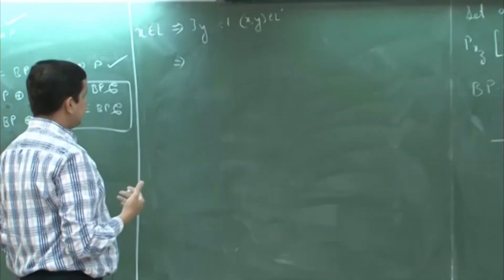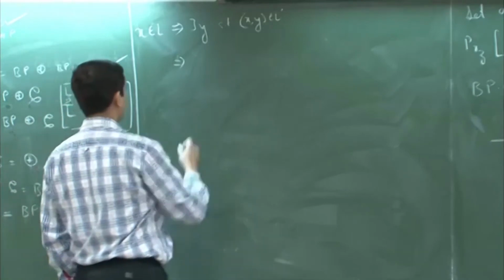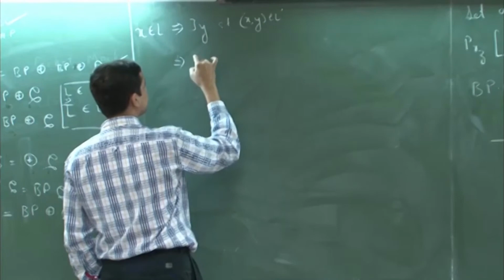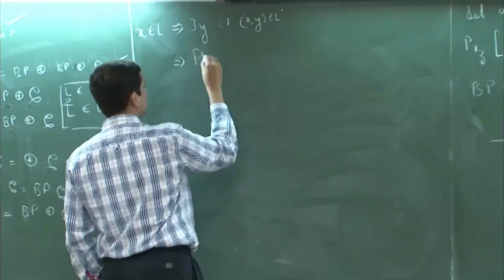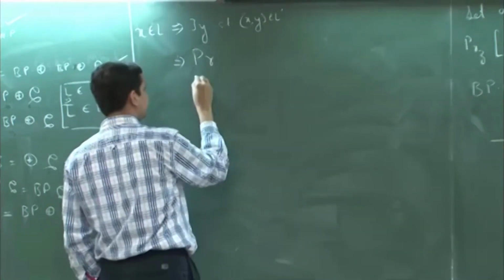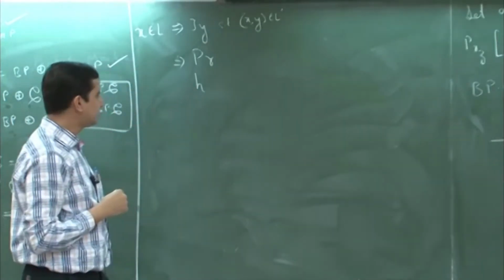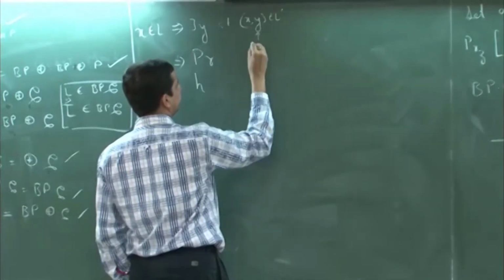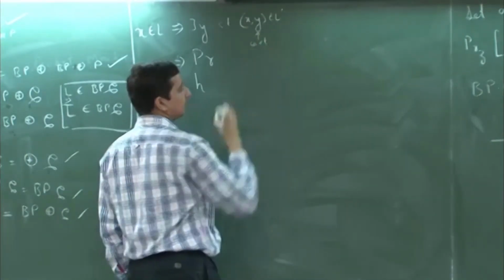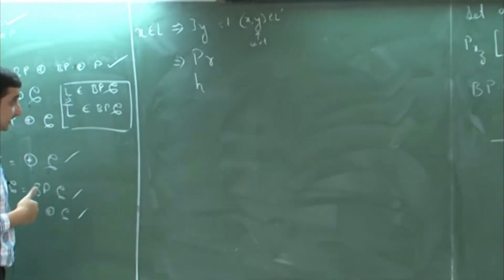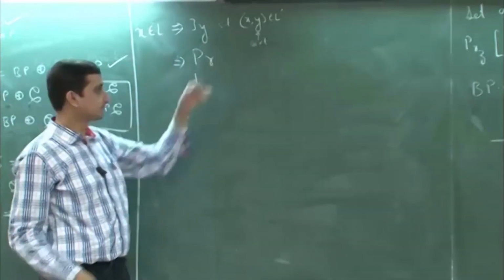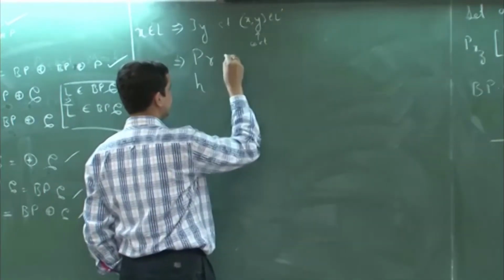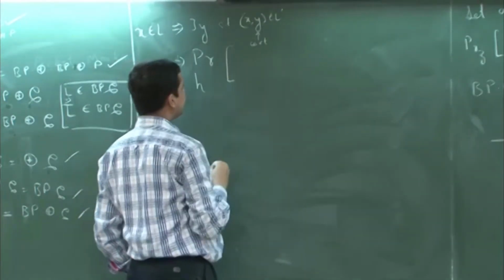So now if I apply Valiant-Vazirani to this, what I can say is that if this is true, then with high probability, if I pick an appropriate hash function h, here my y is the certificate, so think of it as the satisfying assignment of the formula x.